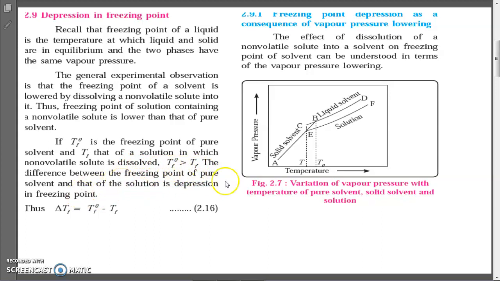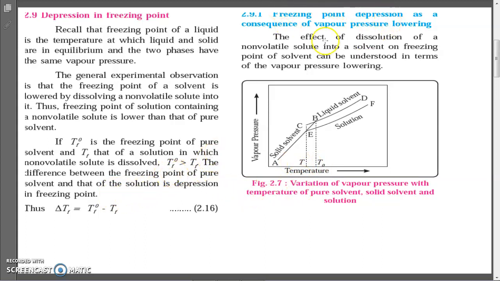The difference between the freezing point of pure solvent and that of the solution, that is T0F minus Tf, is the depression in freezing point.